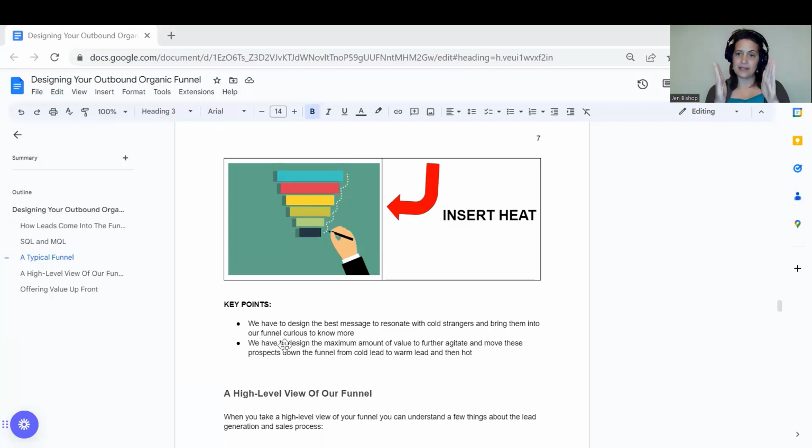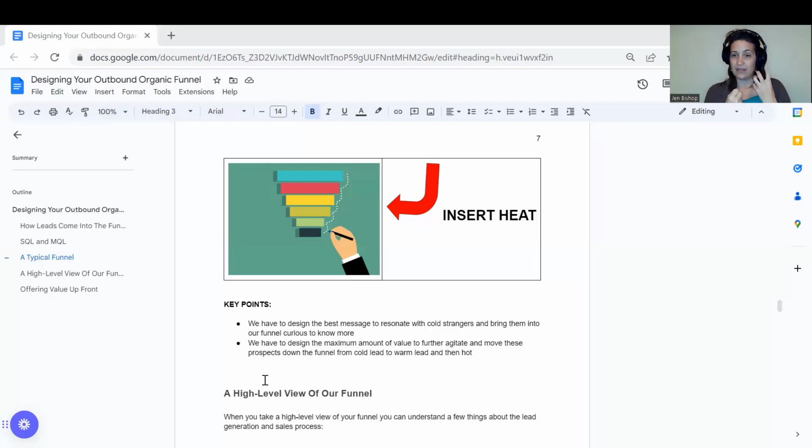And then at every stage of the funnel, whether they're coming in warm or they're coming in hot, or they've come in the top and they're moving down warm to hot, we also want to have the best messaging to help address any of their questions or queries and help qualify them. We want to also design the maximum amount of value to capture them in our funnel, and then to keep them engaged so that they can really get a sense of our offering and service.